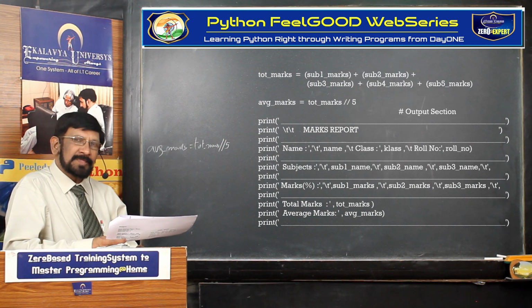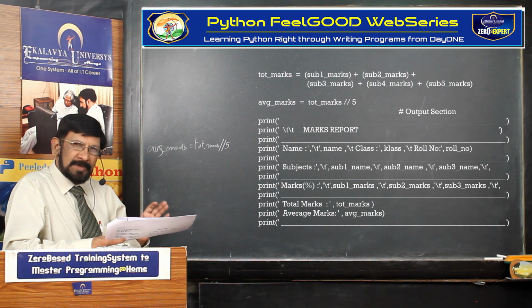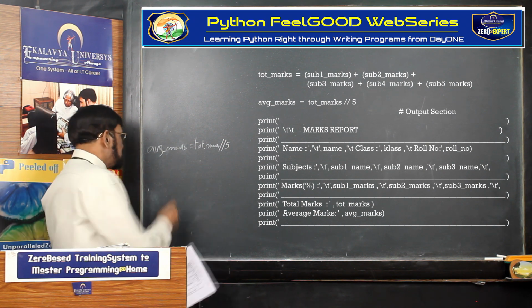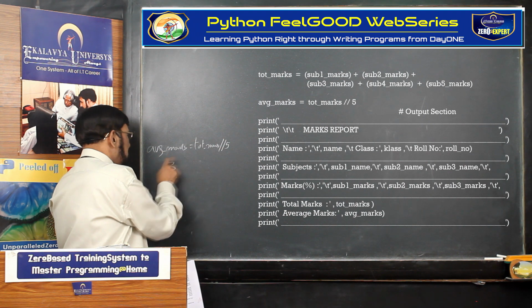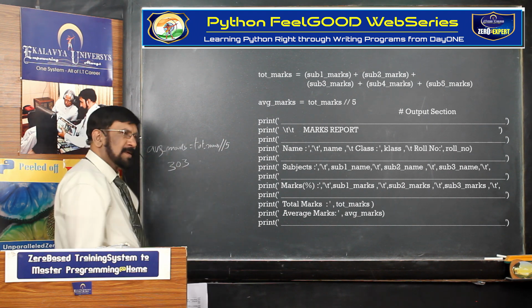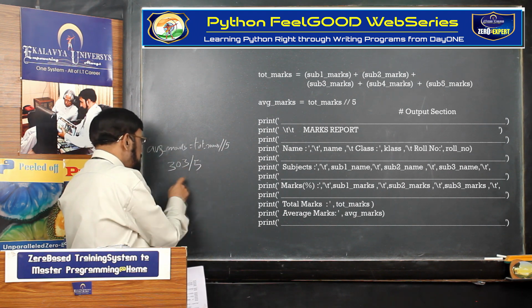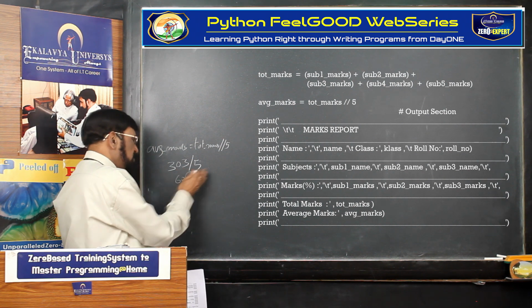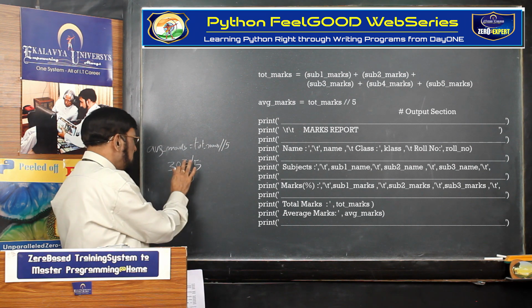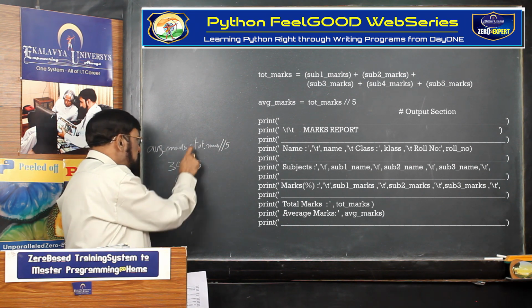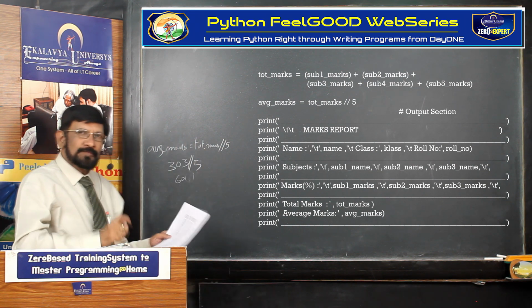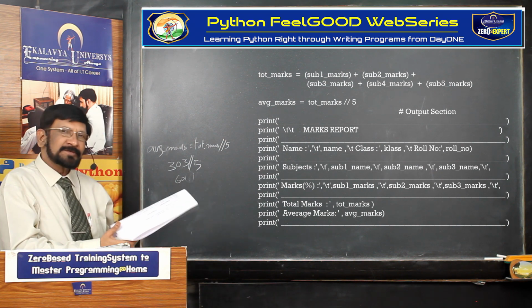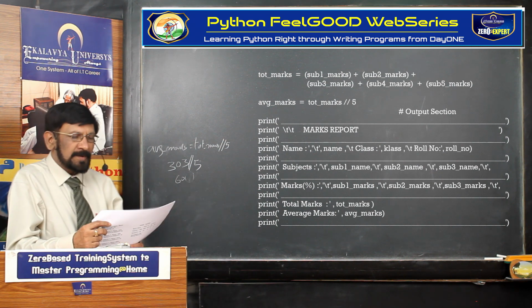That means we are taking integer only. Suppose your marks in 5 papers total 303. Then divided by 5, 60.6 will come. We don't want this. We are ignoring that. If you want, you can do that. So that's why we use the double slash. If you use it, 60 will come. Otherwise, 60.6 will come. That point you have to understand.